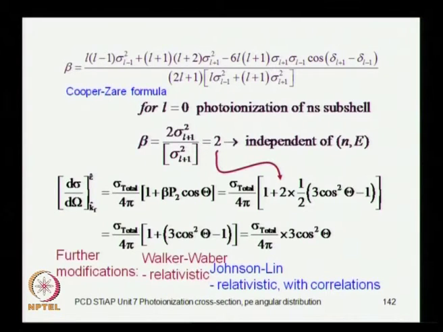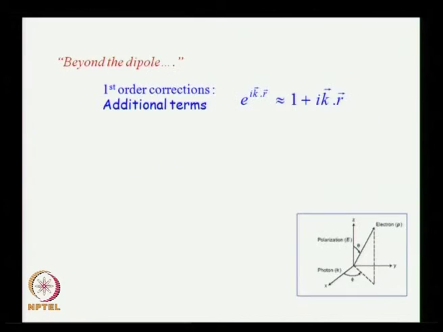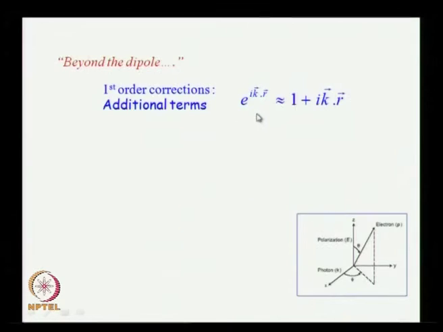So, some of these things are matters of details for further study, and then of course one can also go beyond the dipole, because the dipole approximation essentially by its very name as we know it is an approximation, because we have truncated e to the I k dot r only equal to 1 is what gives us the dipole approximation. If you take the next term you already go beyond the dipole, and this will already introduce certain corrections.